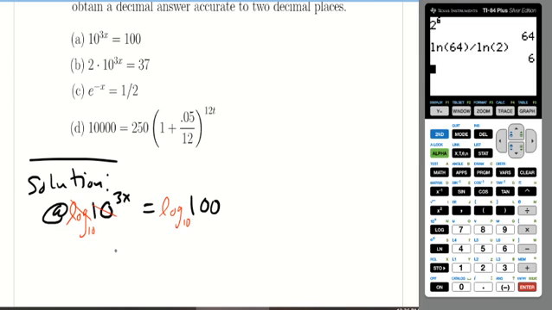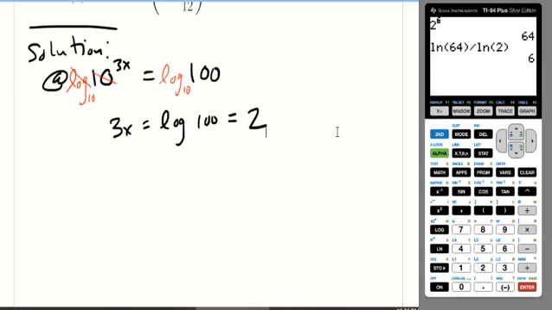So we're left with 3x equals log of 100. Log of 100 is the exponent you raise 10 by in order to get 100. And 10 squared is 100, so log base 10 of 100 is 2. And so then we can solve for x. X is 2/3.